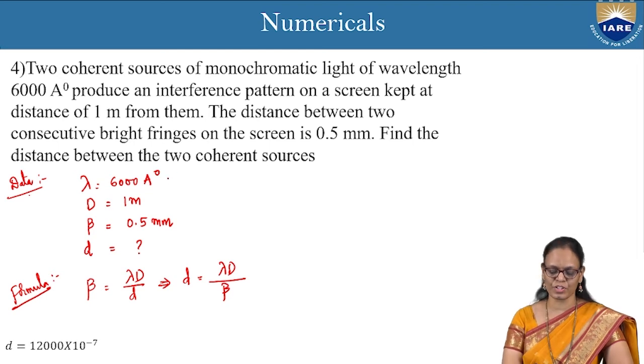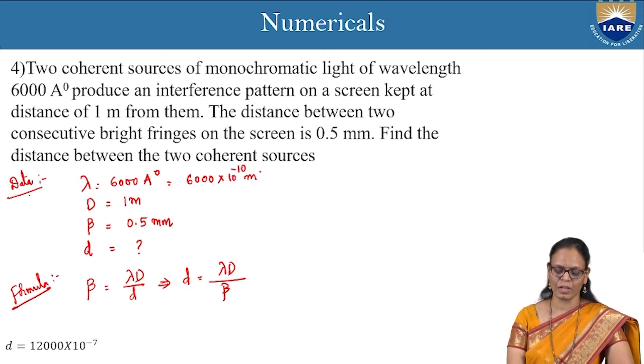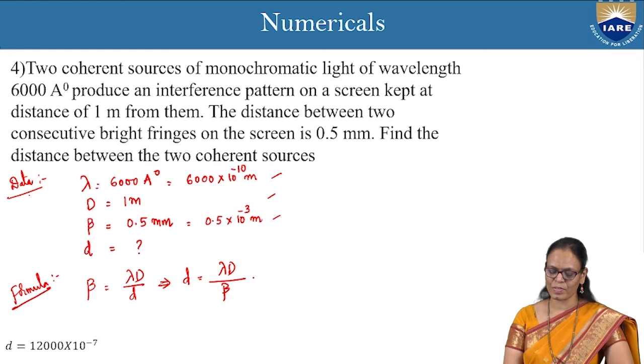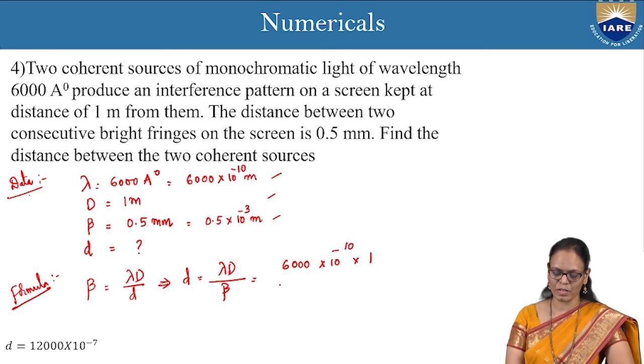So next step is conversions. 1 angstrom is 10 power minus 10 meter. 1 millimeter is 10 power minus 3 meter. Once we have lambda, D and beta, we are going to substitute. So 6000 into 10 power minus 10 into 1 upon 0.5 into 10 power minus 3.